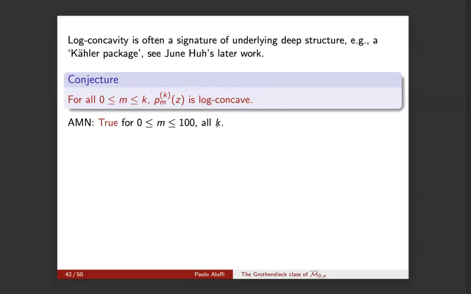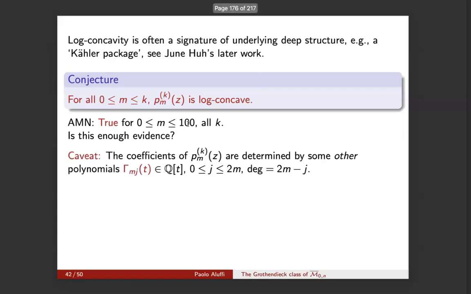For every Betti number, these polynomials are log concave, at least in this range, and I don't see any reason why the range should not be larger than this, except that I've learned not to trust this kind of evidence. So this is a little story that has to do with this.